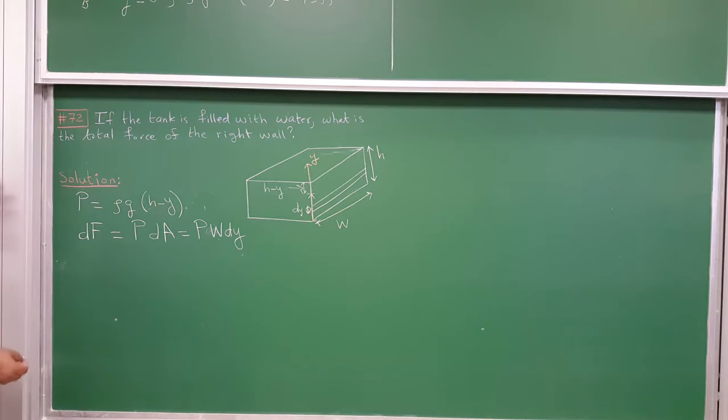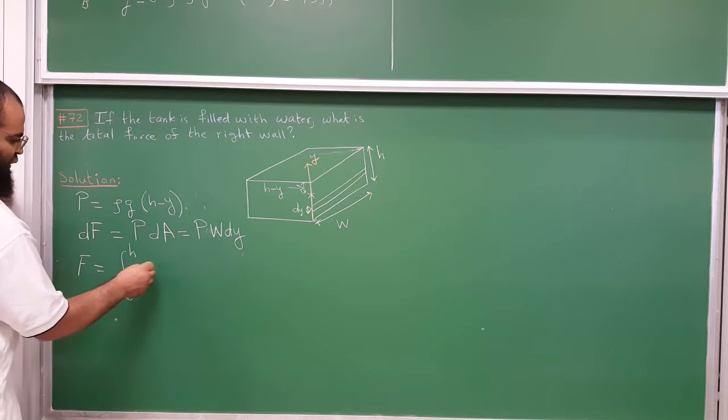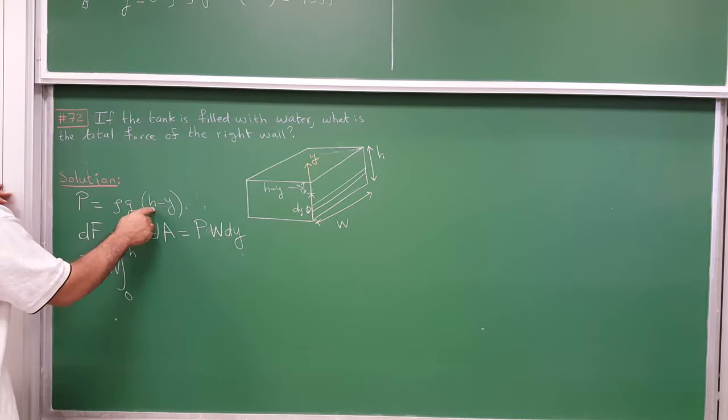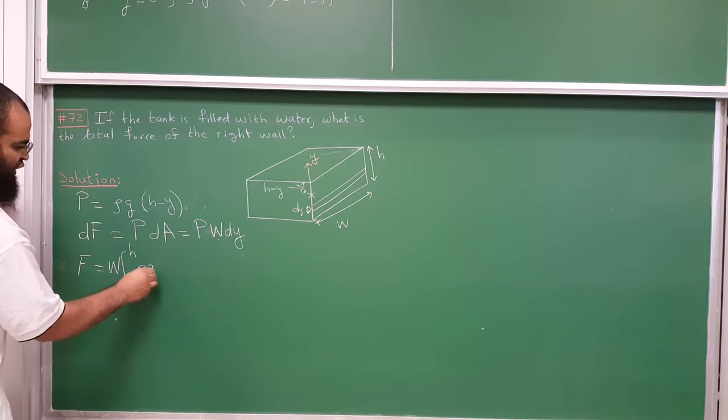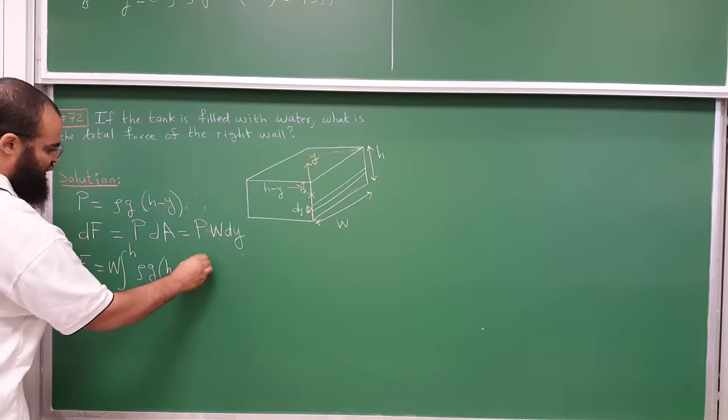So to find the total force, the total force will equal the integral from y equal to 0 to y equal to h of the pressure times W times dy. I put the W outside, that's the constant. The pressure is rho g times h minus y, and then dy.